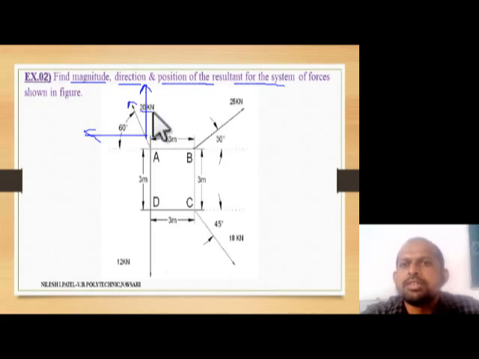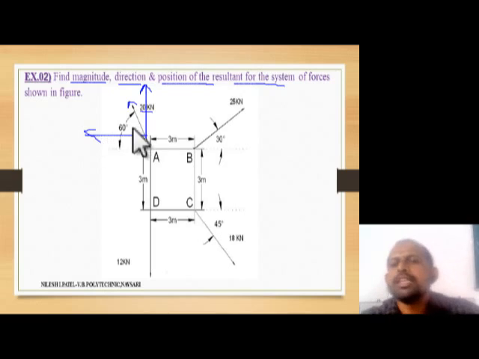So the horizontal component is in the leftward direction and the vertical component is in the upward direction. So I have split this 20 kilonewton force into two components, one vertical and another horizontal.